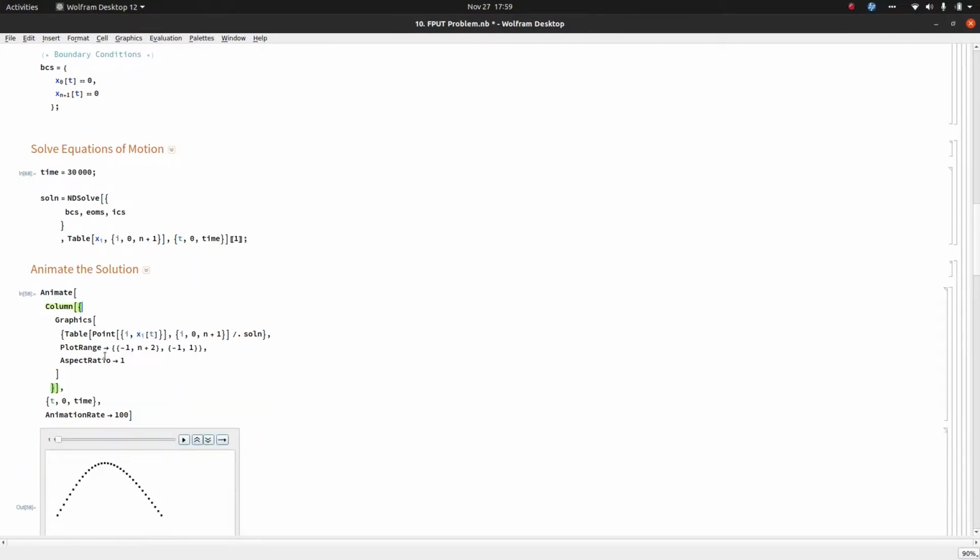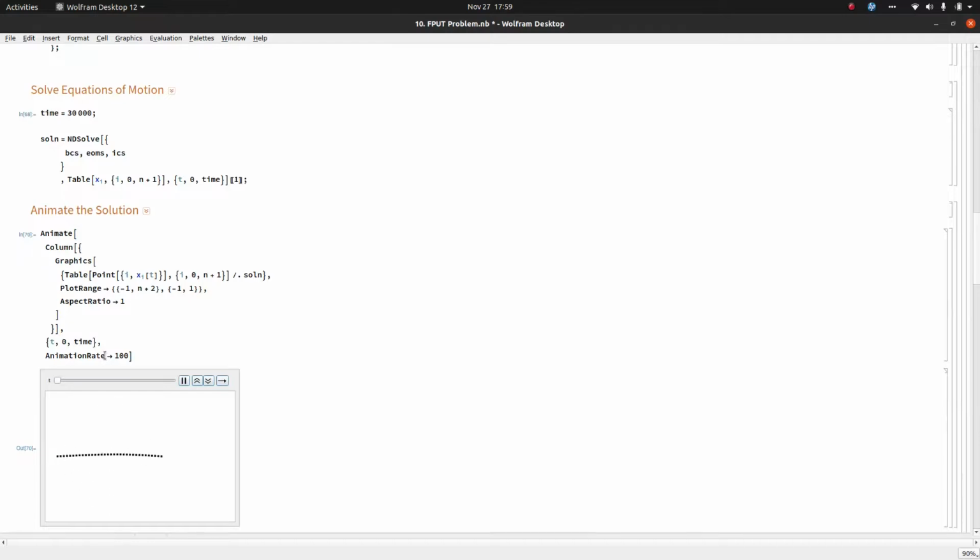We will animate the solution. And already you can see something interesting is happening here. It's not just staying sinusoidal. You can see the maximum peak is starting to whip around, almost like it's going in a circle.